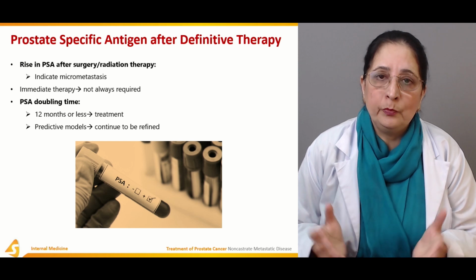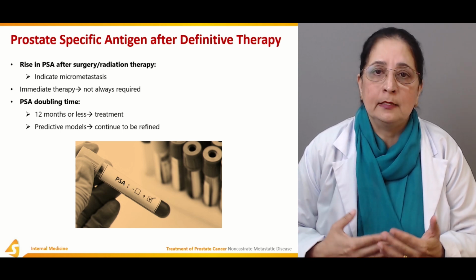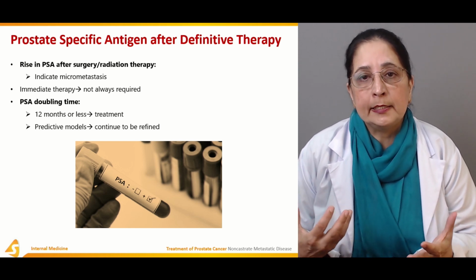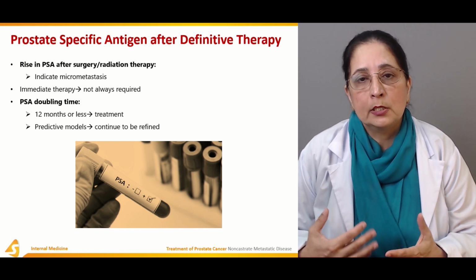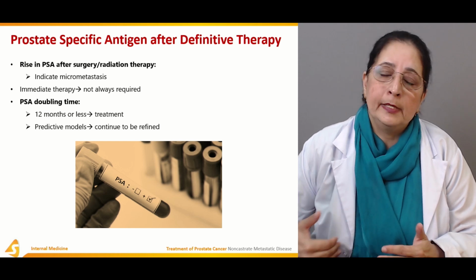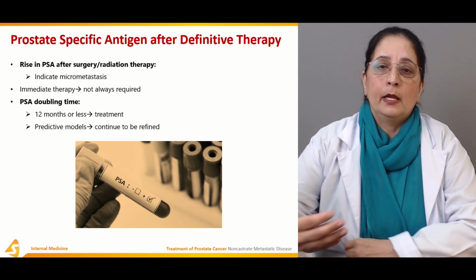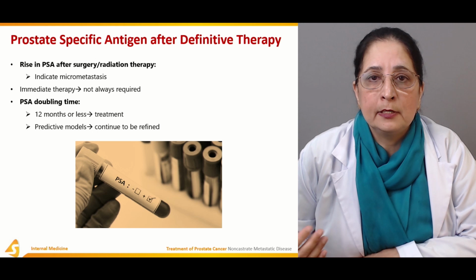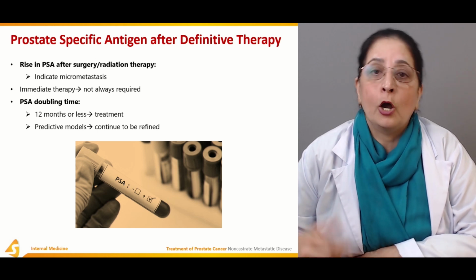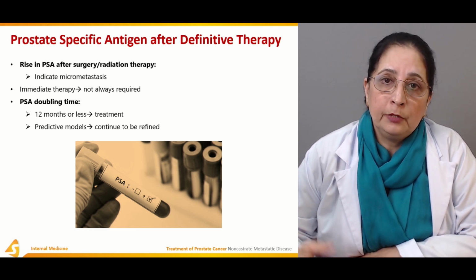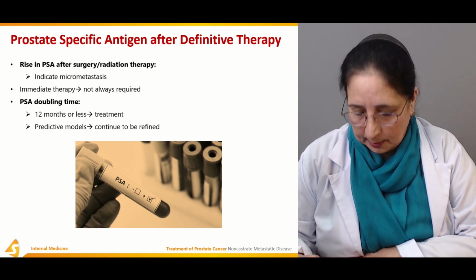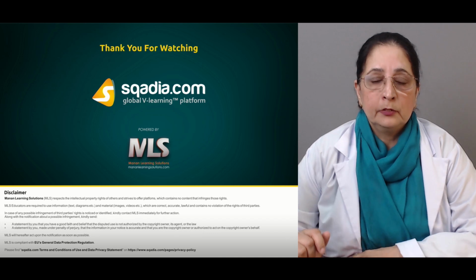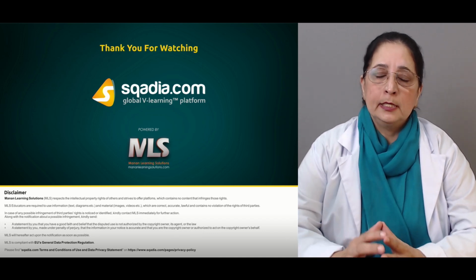So it needs to be refined. Further studies and further statistics are important to find out the value of this level in the result of the treatment, and how we can manage the patient with the elevated level or who has micrometastasis present. So that was all about this section.